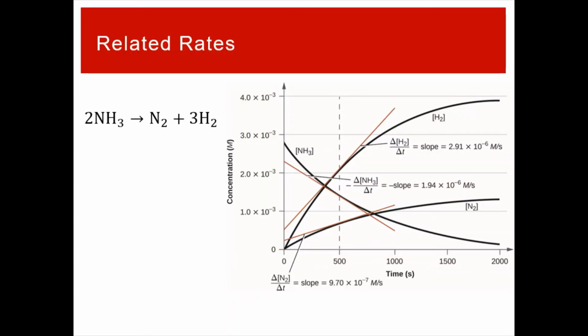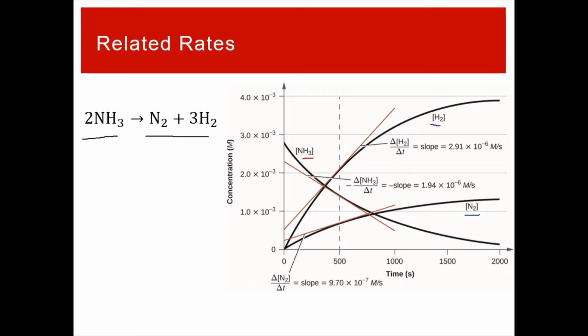We can see these relationships in action when we look at a graph of the change in concentration over time. So if we return to reaction of NH3 becoming N2 and H2, one of the things we can see is that NH3 is a reactant. Its concentration is decreasing over time, whereas H2 and N2 are products, so they are increasing over time, which is good. That's what we would expect to see.